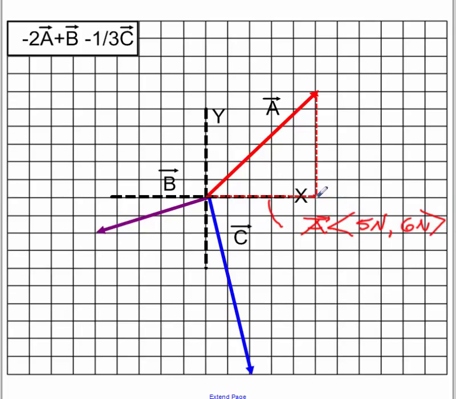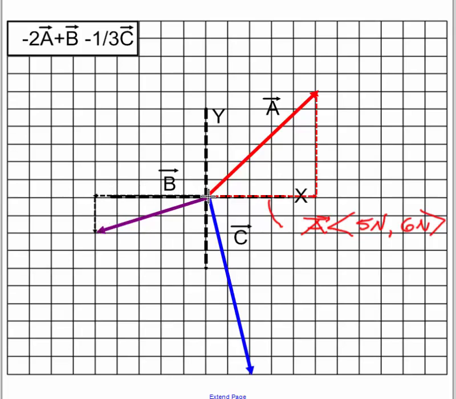Now if you notice, when you add vectors, you start out tail to tail, then head to tail, and end up head to head. So these are my components of A. I come over to B. With the B vector, I will draw the components. The tail is here, the head is here. So the x component is going to go this way, and the y component is going to go down like this.